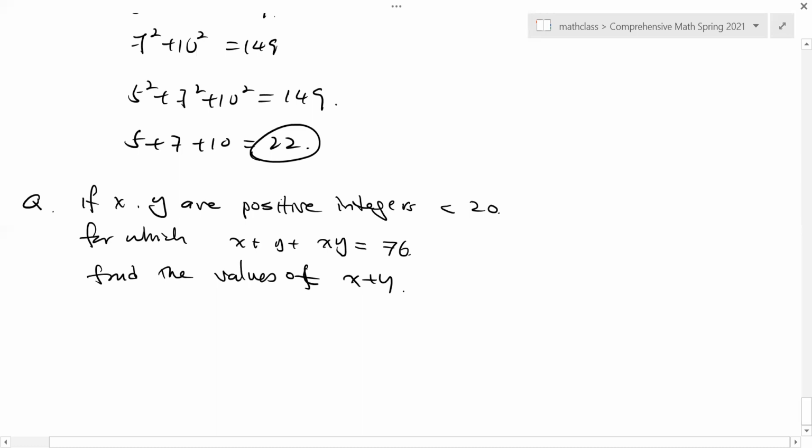All right, let's do this problem. Some we already figured out. Go ahead. And there are a couple of ways to do it.